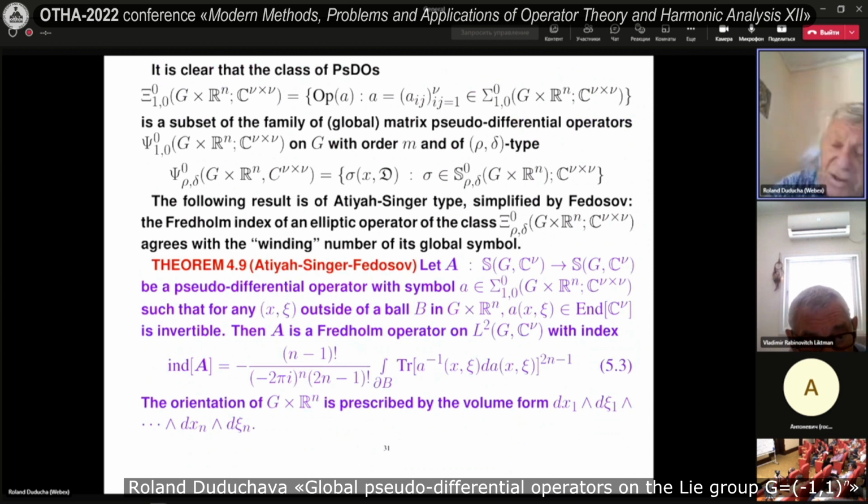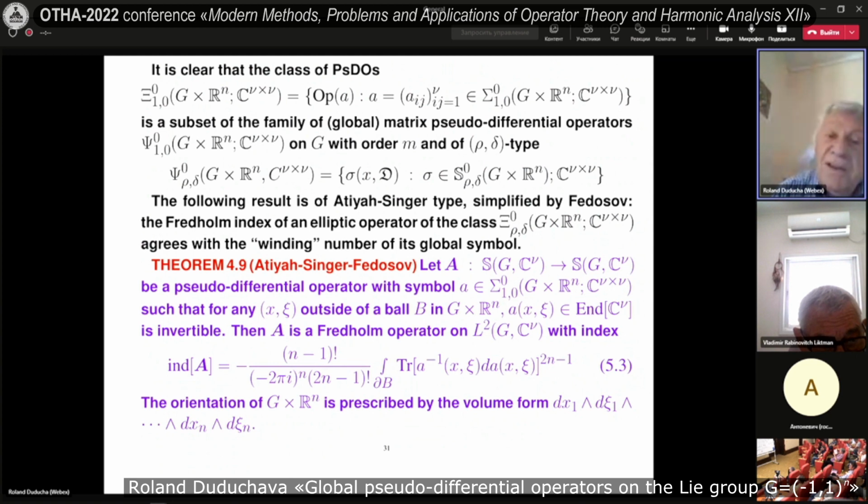Fedosov proved it for this simplified case, but with a much more transparent formula, which is written here. And here we have this connected with the winding number of the matrix symbol. For the matrix operator and matrix symbol, we have this formula, the full analog of the classical result which was proved for classical pseudo-differential equations.